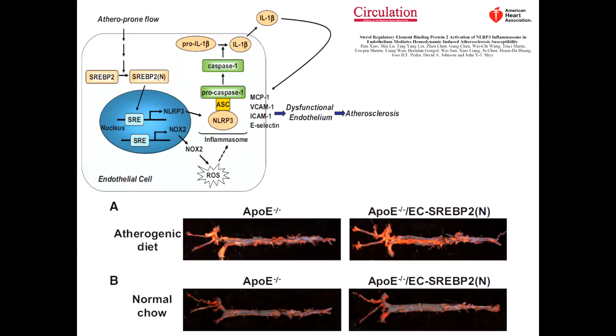Now, how do we deal with this? Because everybody gets atherosclerosis in those particular areas, but some people get more than others. Well, if you have a basal level of inflammation that is higher than your friends, then you're more prone to atherosclerosis for the reasons that we've already talked about.